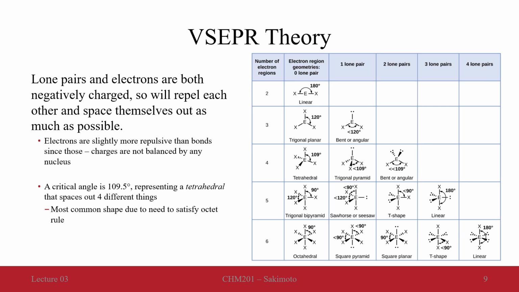So we can say, more qualitatively and relatively, that we have something less than 109 degrees between those. And certainly as we go towards a structure that has 2 bonds and 2 lone pairs, we start to squish those bonds down even more, much less than 109.5 degrees.